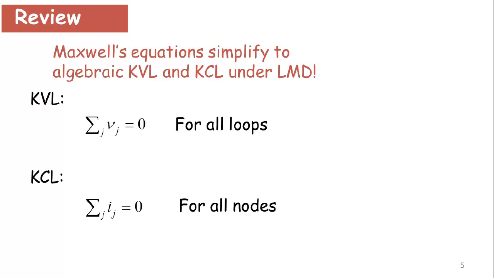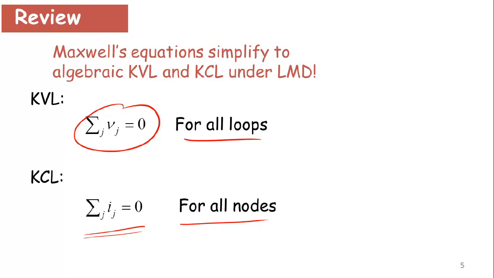So KVL says that for all loops in your circuit, the sum of the voltages around the loops add up to zero. Similarly, for all the nodes in the circuit, the currents that enter into a node add up to zero. And in the same manner, if I just sum the currents leaving a node, they also add up to zero.